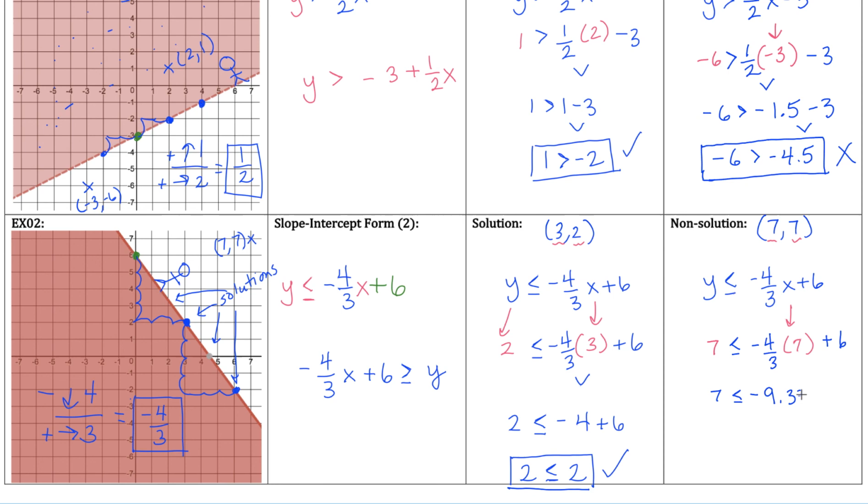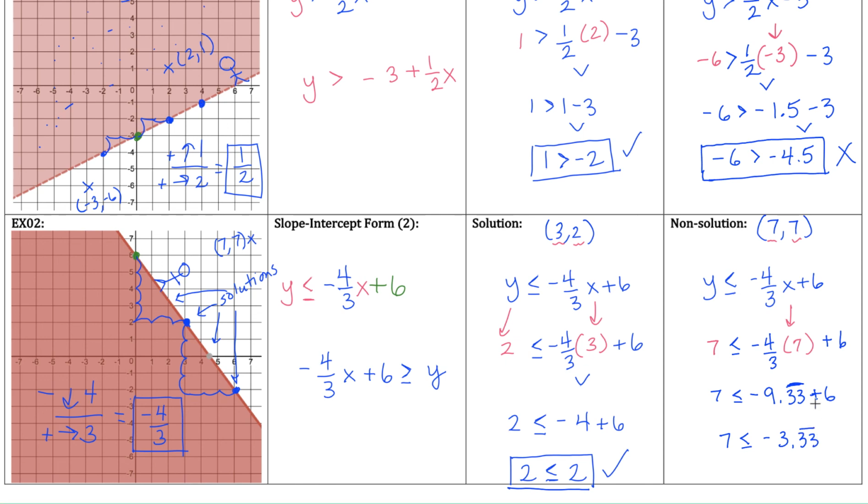So negative 9.333 repeating. All right, and then we get 7 is less than or equal to negative 9.33 plus 6, which should be negative 3.33 repeating.